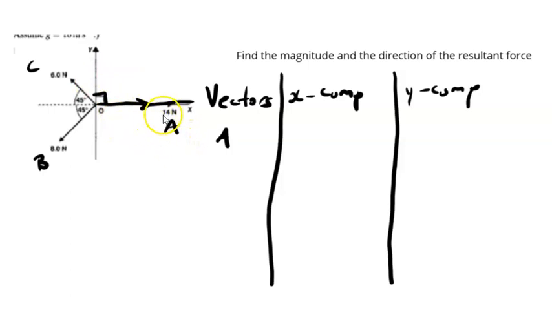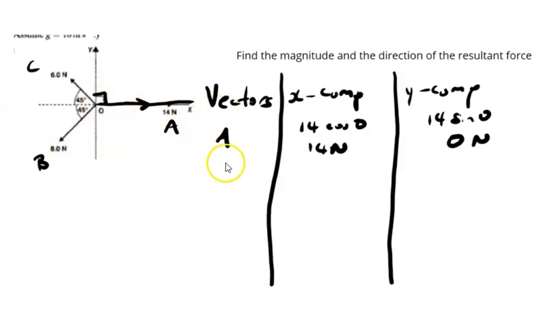So this 14 is going here, and if you wanted to, you could put your cos 0 times 14 and automatically get that 14. You could also put sine 0, and this is equal to 0. So we know that there's no elevation there, and it's going in the positive direction. That takes care of that.